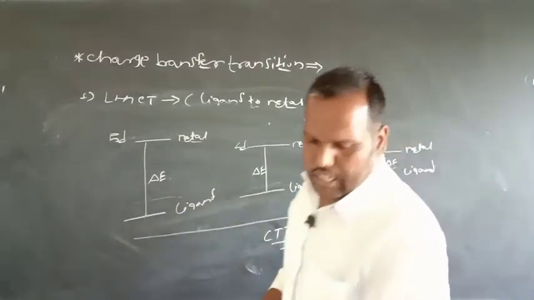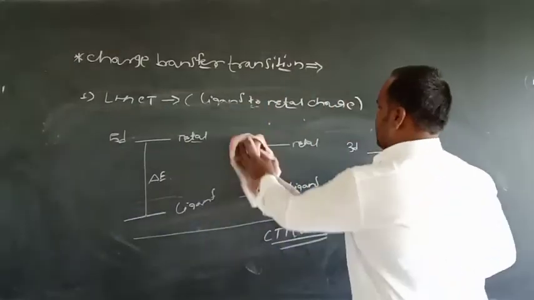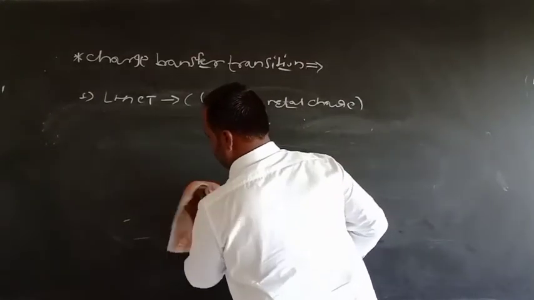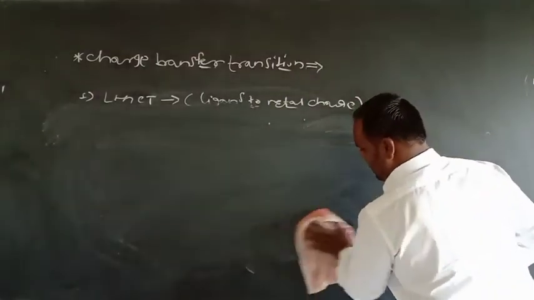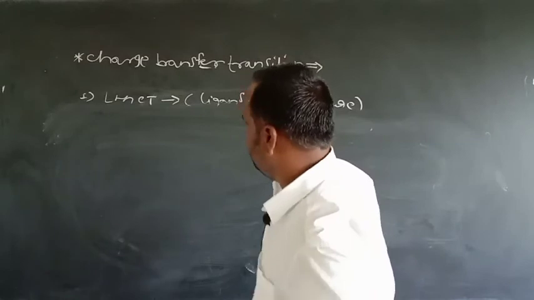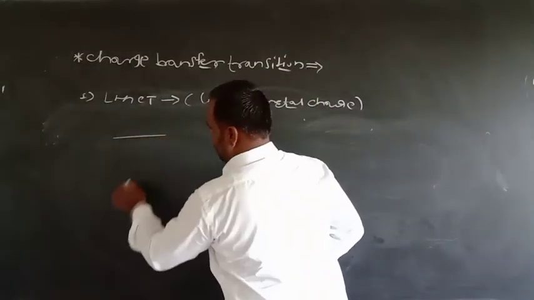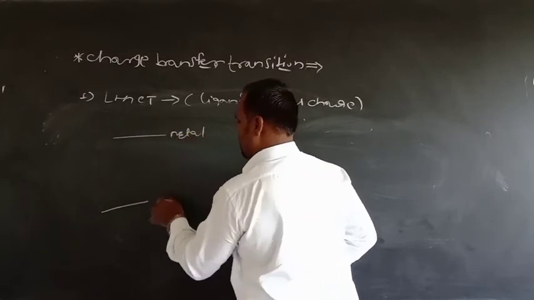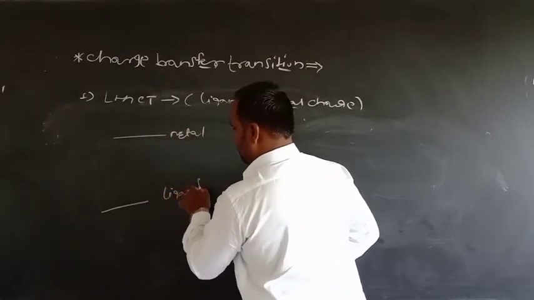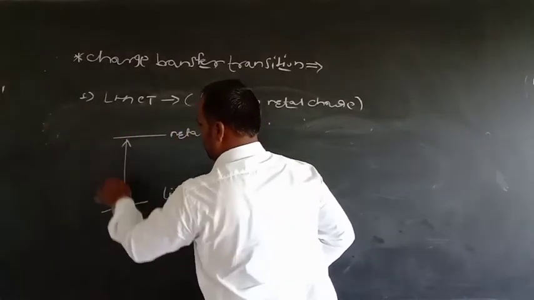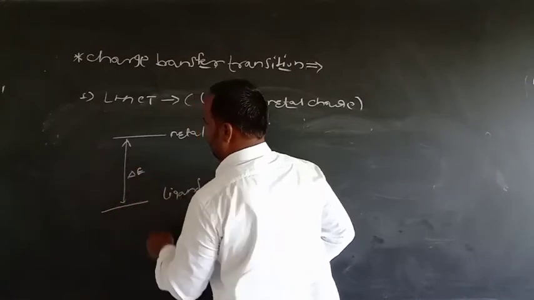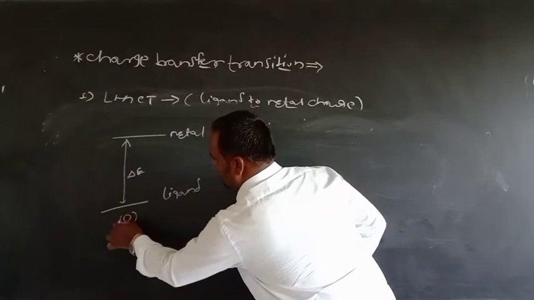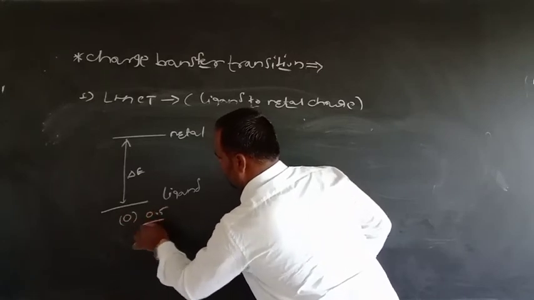The second important characteristic is that as the oxidation state of the metal atom increases, the energy difference decreases. If you consider the difference, this is your metal orbital, this is your ligand orbital. This difference, delta E for zero oxidation state, is large in this case.